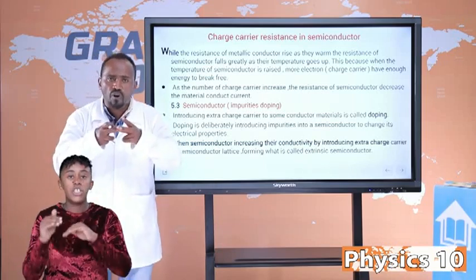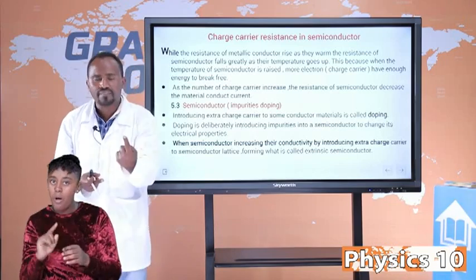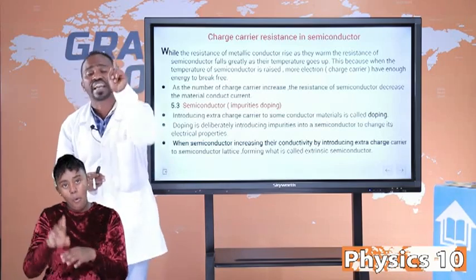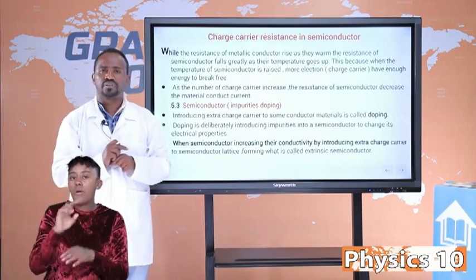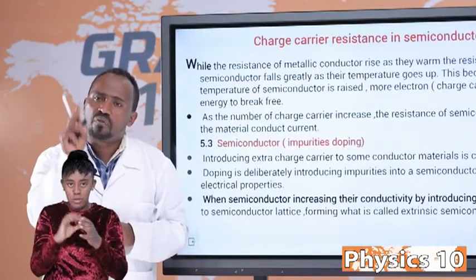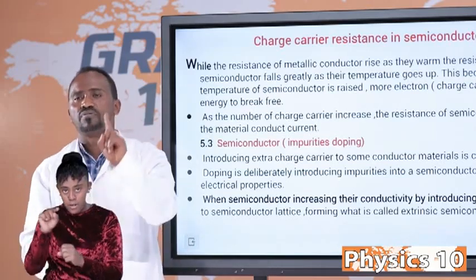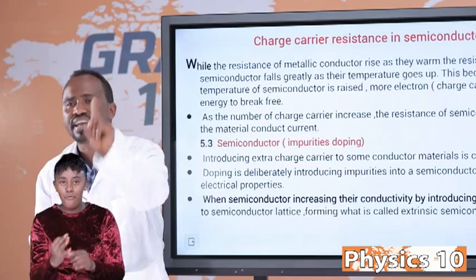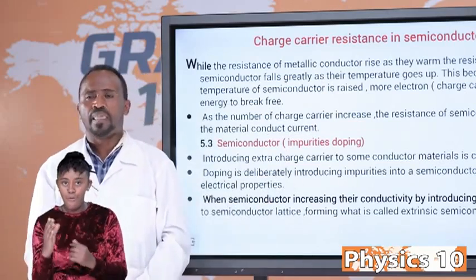When they come to form a bond, there is a scarcity of 1 electron. We lack 1 electron to fulfill the bond. This missing electron forms a hole. When such impurities are added to a semiconductor, a p-type semiconductor is formed.